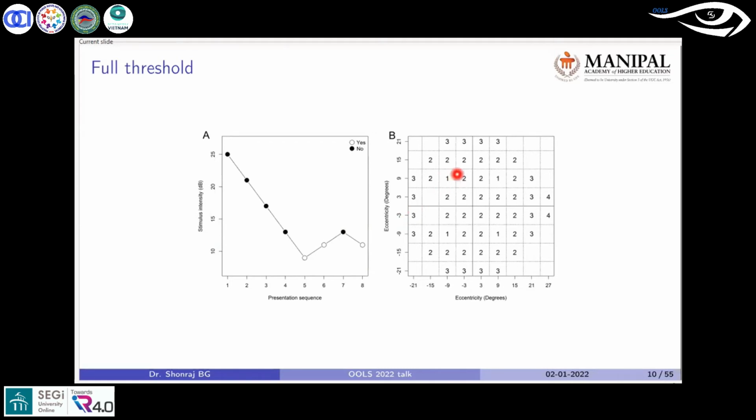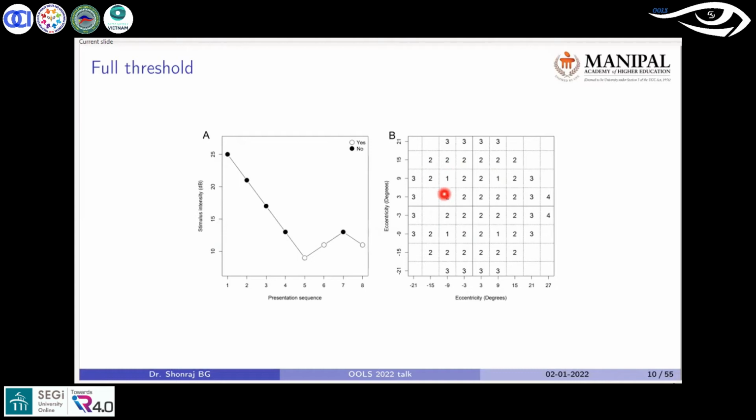The first thing the full threshold does is determine the thresholds at these locations, which are marked 1. Once these locations are tested, the second set of locations starts testing. Now, how does it start? For locations marked 1, the staircase begins with 25 decibel.